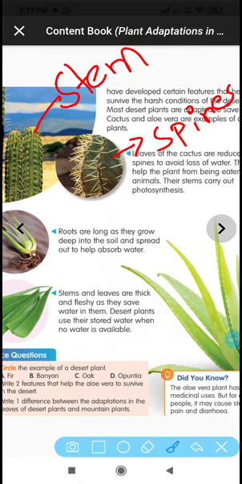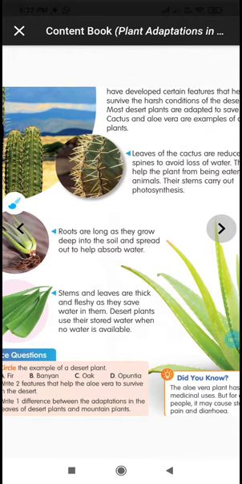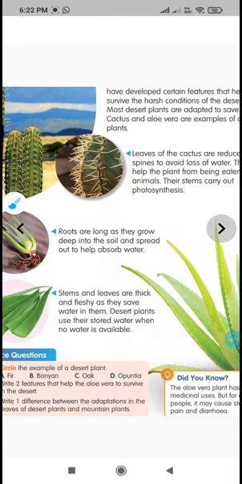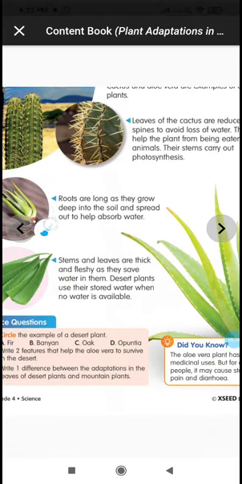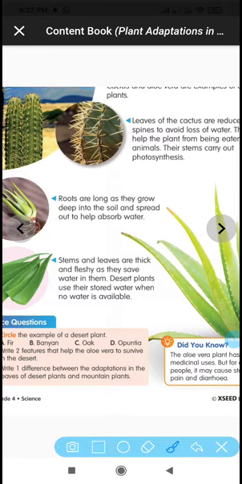They also have another adaptation, which you can see in the aloe vera plant: observe the roots of the aloe vera plant. Are they spread outside? Like plain plants and mountain plants, whose roots you observed spread outside. But here they have very long roots.